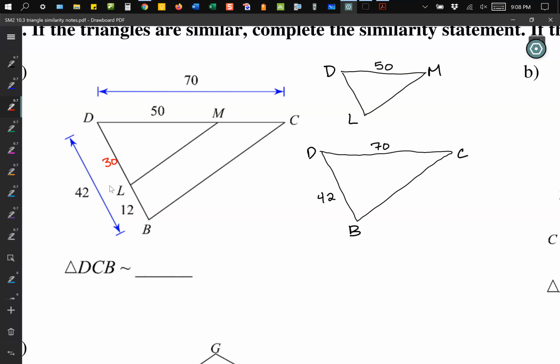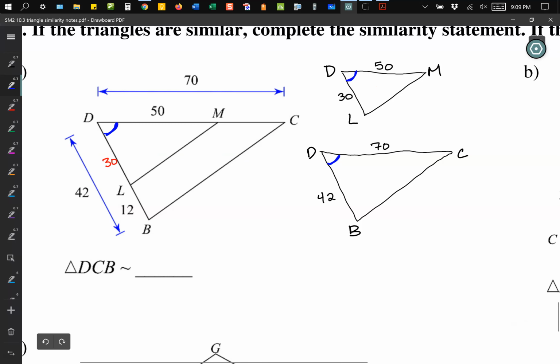So 42 minus 12 gives me 30. So this is 30 right here. So I've got two sides. Now I don't know how long this side or this side is, so I can't use side, side, side. Do I know any angles? Well, they're overlapping triangles. I know that the angle that overlaps in the two is the same in both triangles.